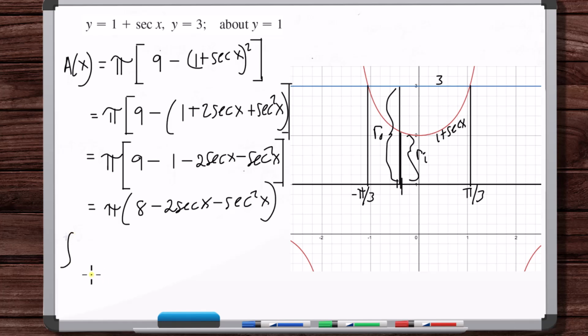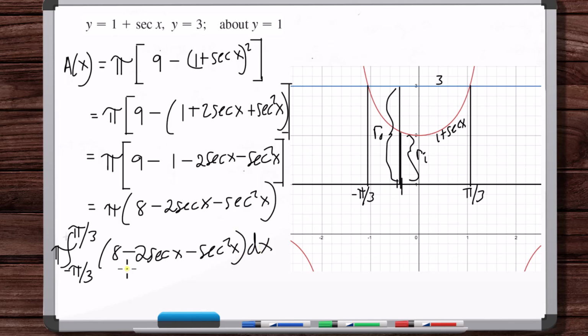So now we do minus pi over 3 to pi over 3. And we can bring out the pi. And we've got 8 minus 2 secant x minus secant squared x dx. And so let's see if this has any symmetry, because we're going from minus a to a.